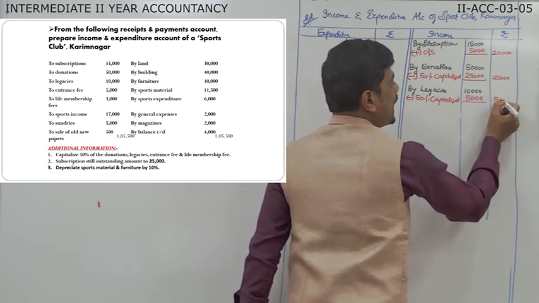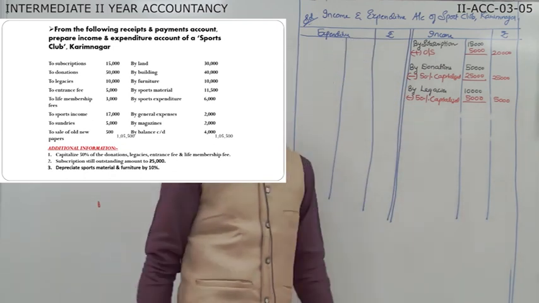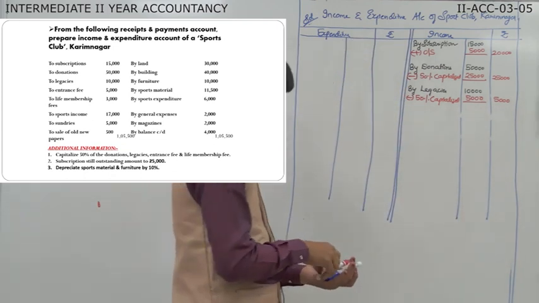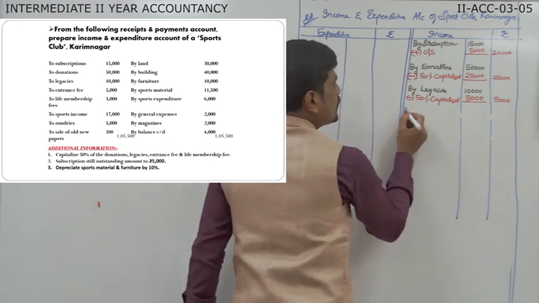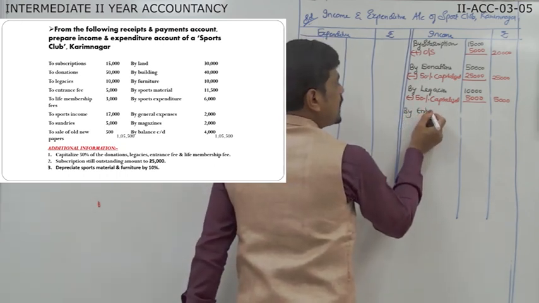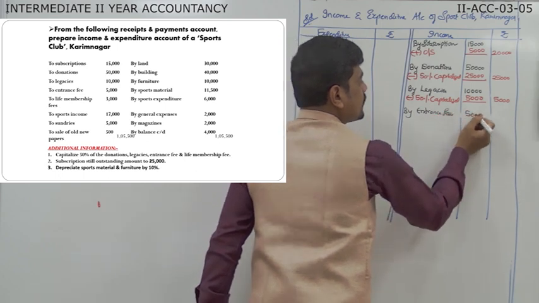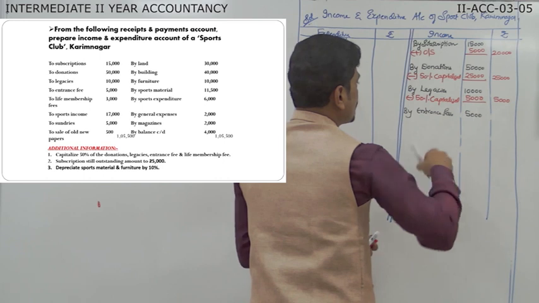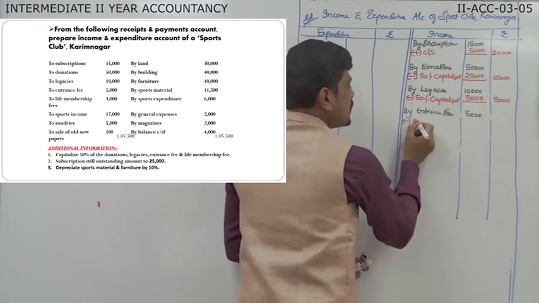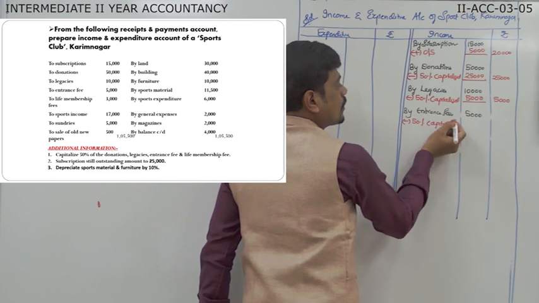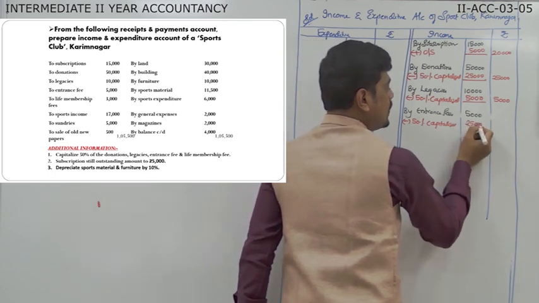Balance is 5,000. Then entrance fee. By entrance fees, 5,000 they gave. Again capitalized, so minus 50% capitalized. So amount is 2,500.